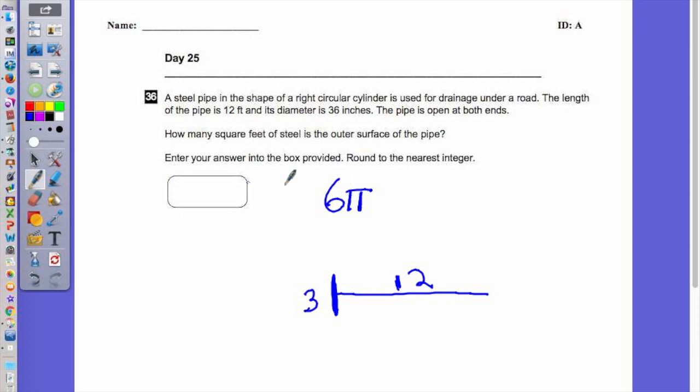So sorry, 3 pi. And they wanted this rounded to the nearest integer. What is 3 times 3.14? About 9.42. And then times 12. 113.04, they said round to the nearest integer.